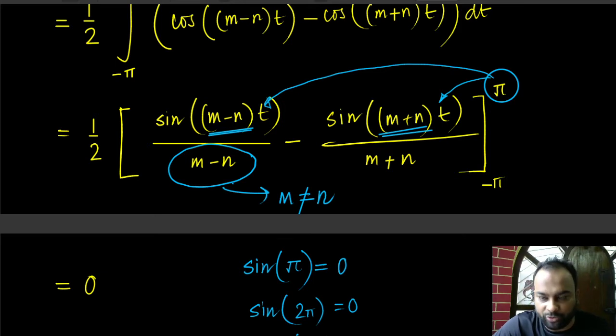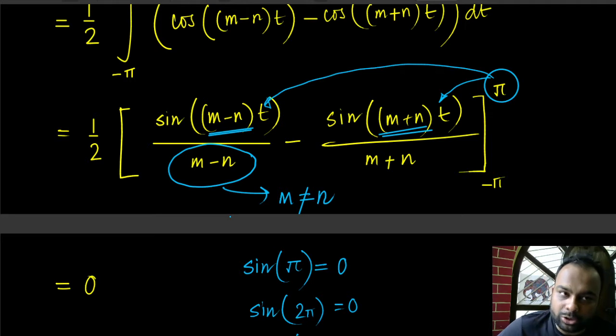Both of them are integers, of course, but we assumed they are not equal, because if they are equal, this integration is not valid. If m and n are equal, then m minus n becomes 0, so we would have a 0 in the denominator, which would result in a very weird situation. So we did assume that.